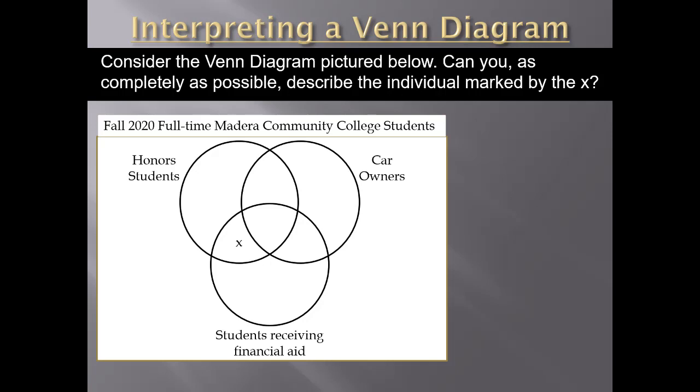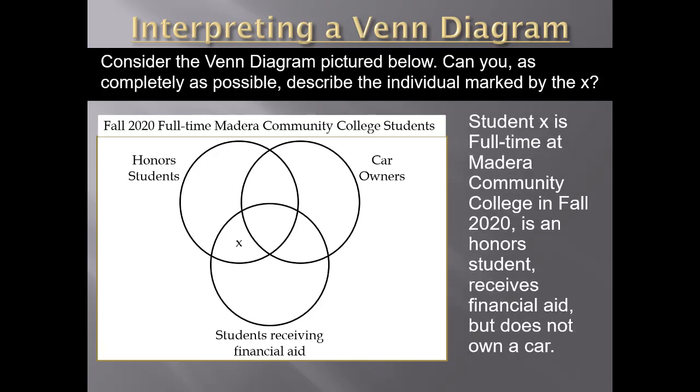Well, here's our description. Student X is full-time at Madera Community College in fall 2020, is an honor student, receives financial aid, but does not own a car. How do we know they don't own a car? They fall outside the circle of car owners.